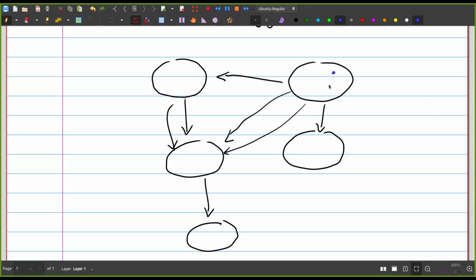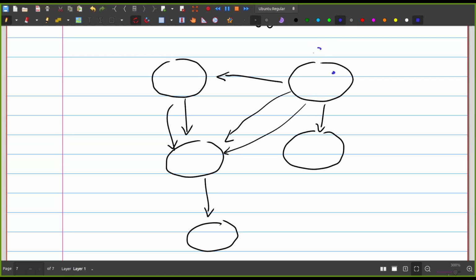So with some non-zero probability, I'm going to stay here forever. But if I stay inside this strongly connected component forever, I know that I will see each one of its vertices with probability 1 infinitely often. So the probability of seeing each one of these vertices, conditioned on not leaving this particular strongly connected component, is 1.